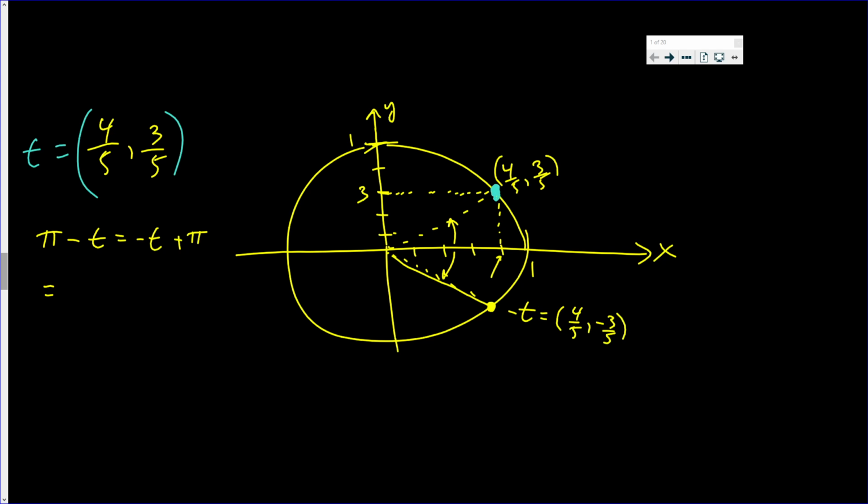And then I add pi. Well, if I'm here and I add pi, that is, I go halfway around. And right there is going to be negative t plus pi, or pi minus t. Okay. So just go halfway around.